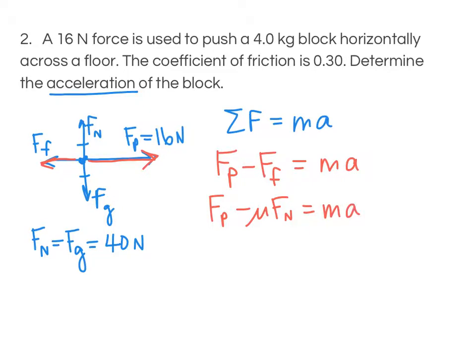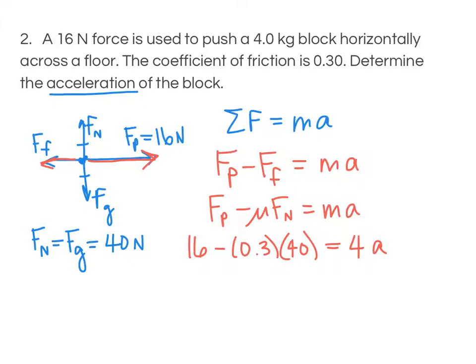Okay, so now I have a very general statement based on my picture. I'll plug in all the values I know. The pulling force, the applied force, was 16. My mu is 0.3, and the normal force was 40. That will equal my mass in kilograms, 4, times my acceleration.